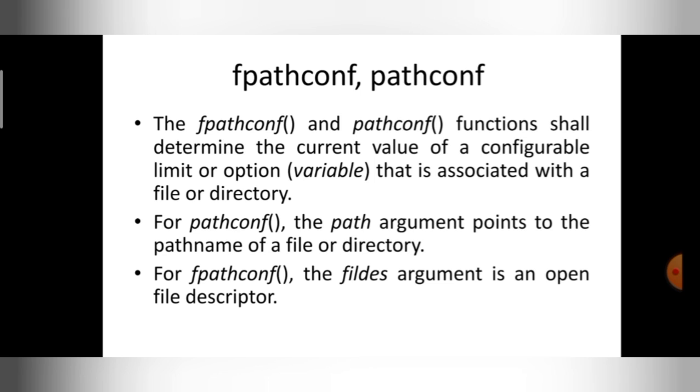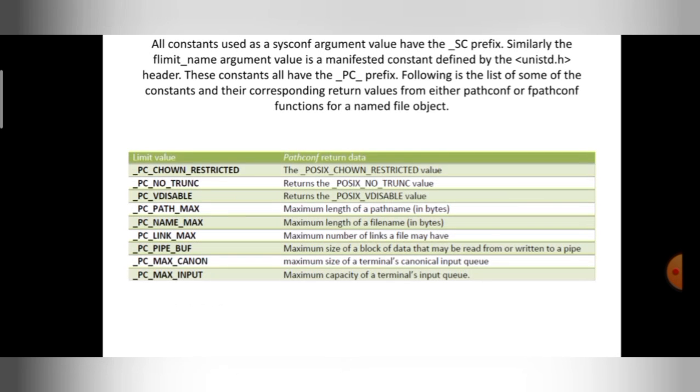Here pathconf or fpathconf is going to tell about the limits that are assigned to a file or a directory. Hope you are understanding. Sysconf is purely related to system. Pathconf and fpathconf are purely related to file and directory. Right? Now we will see the limit values for fpathconf and pathconf.